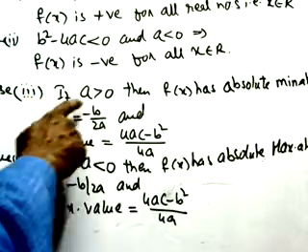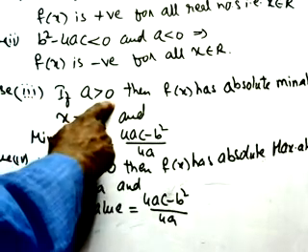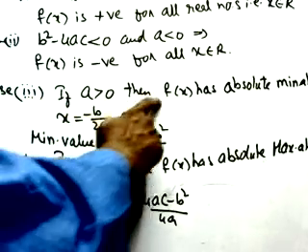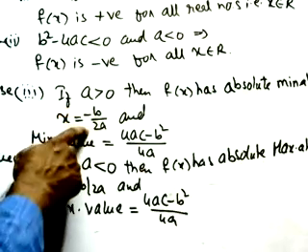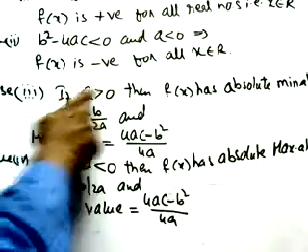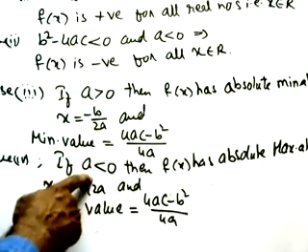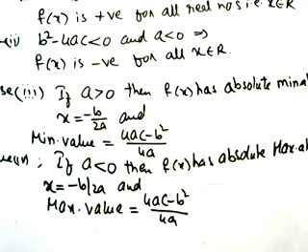Next, when we have to find the absolute maximum or minimum values, for the same expression, if a is greater than 0, then f of x has an absolute minimum value at x equals minus b by 2a. For a greater than 0, we have the absolute minimum. For a less than 0, we have the absolute maximum.